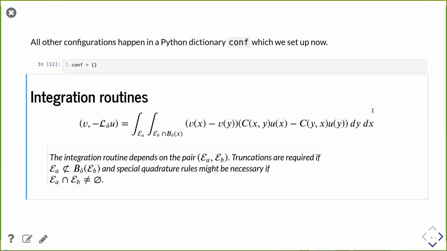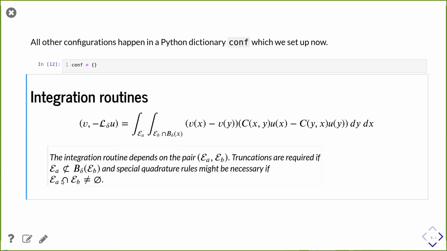Then we want to evaluate that expression in the middle with that kernel C with respect to either the singularity or maybe the truncation. So that means that different pairs of elements, depending on whether they exhibit this truncation, for example, so if they are far away from each other and there's a truncation, then we need another quadrature rule than if we have a singular kernel and the elements are touching.